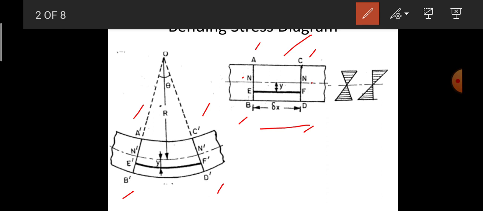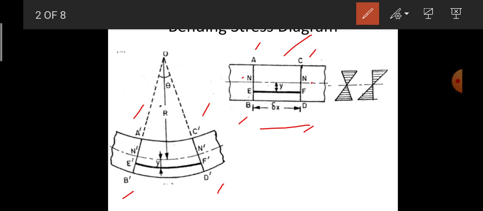As per the simple bending theory, the top fibers of the beam will be subjected to compression, and the bottom fibers will be subjected to tension. In this sketch, A dash C dash, the final position of AC, is subjected to compressive force, and B dash D dash, the final position of BD, is subjected to tensile force.